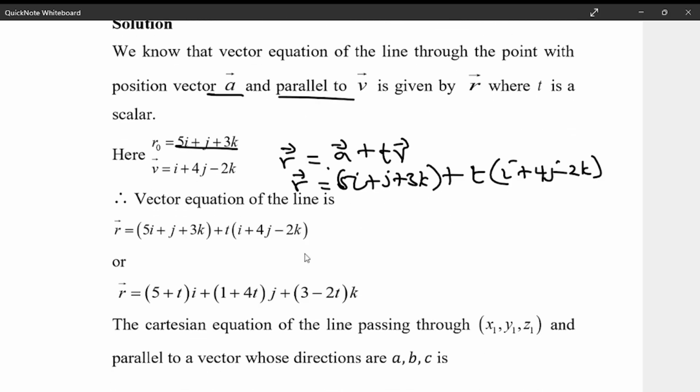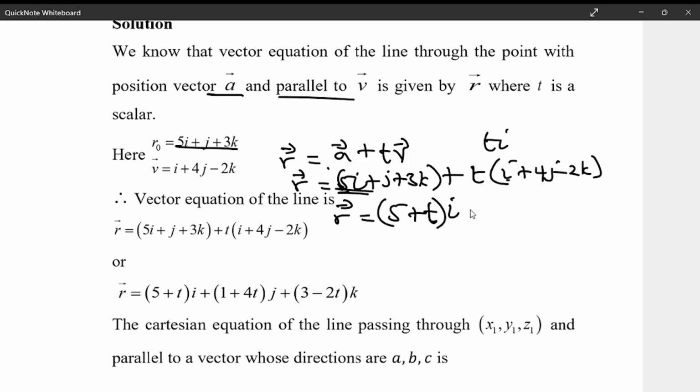Or in other words, if we equate the corresponding i components, we are going to have 5 + t for i. This one is 5i, and this one is t times i. So this is all about i.